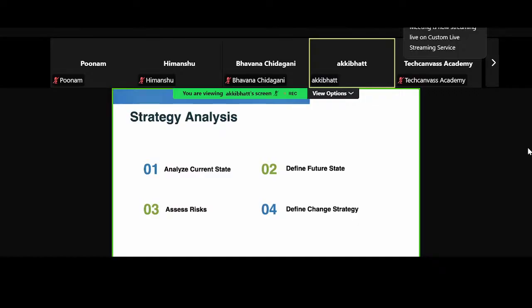Because if you have a strong concrete base, you will have a nice building on top of it. Anything that is missed in analyzing the current state could also be a risk going forward. Any assumption that has not been verified could also be a risk going forward, right? So why is it so critical?